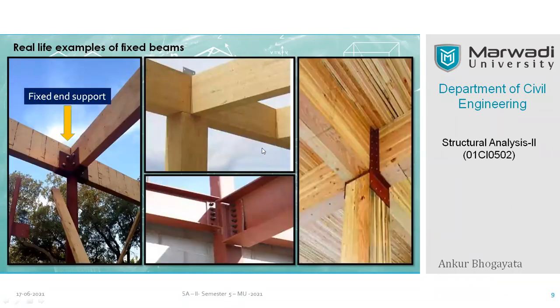I have collected some other images which show timber beams, or ideally we can say timber planks, right? So these are called timber joists. The main beam is called a girder, and the secondary beam in a timber structure is called a joist.